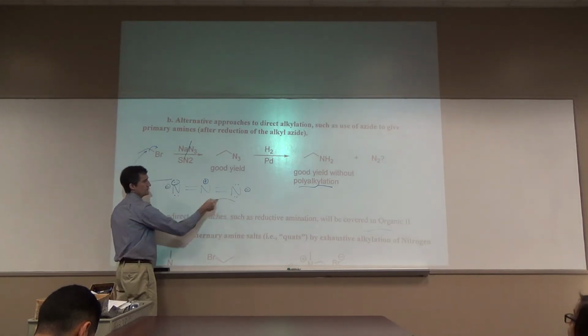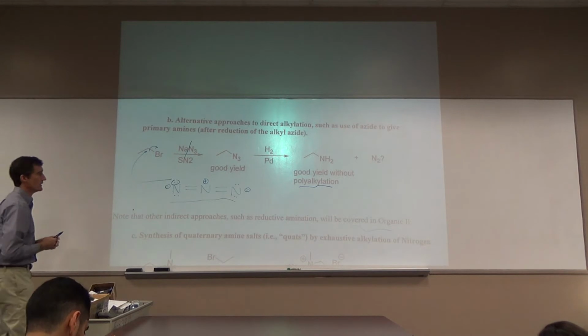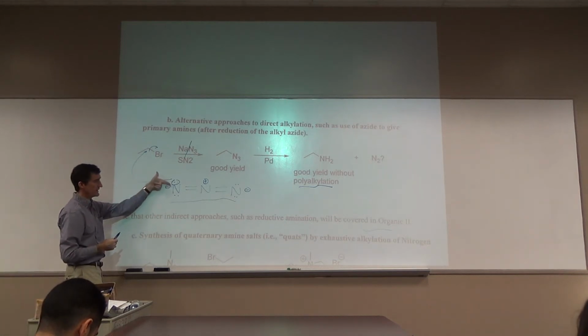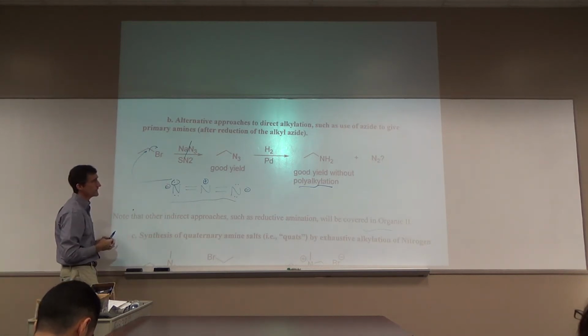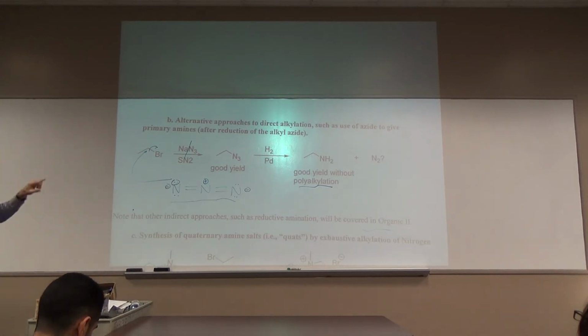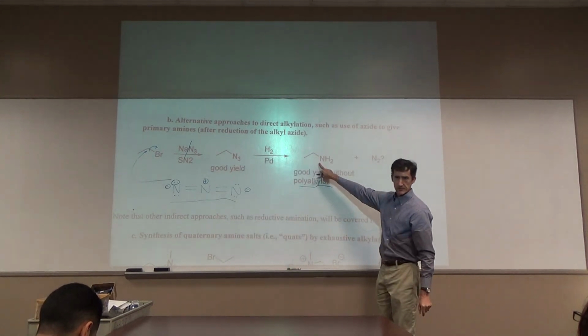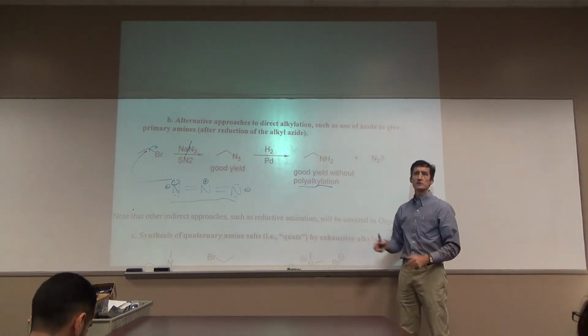We're also introducing azide as a potential nucleophile. In organic 2, you'll see a couple of different ways to make alkylated amines by indirect methods, particularly when you get to carbonyl chemistry.